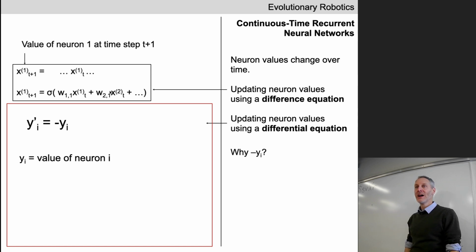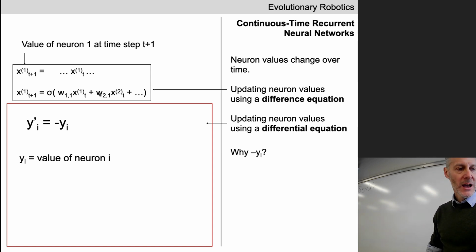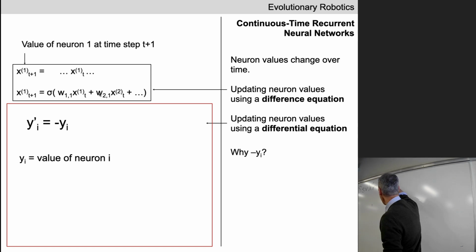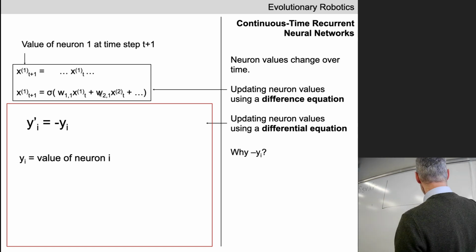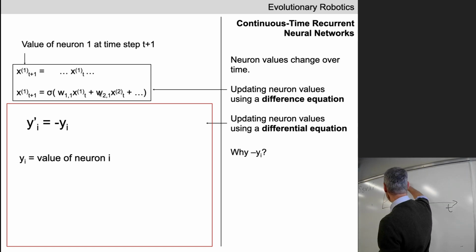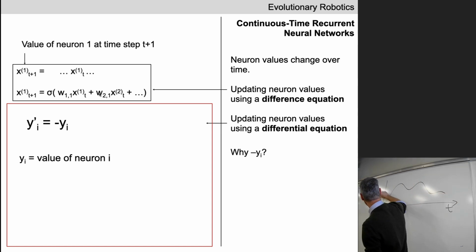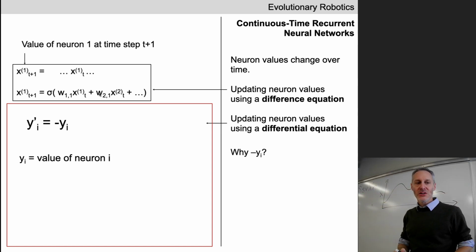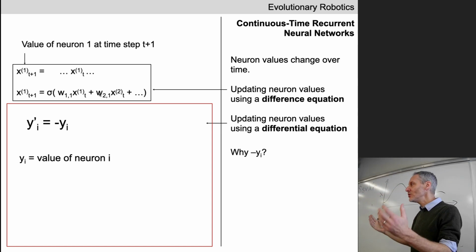We were describing how neurons change their values discretely in time. We don't want to do that now. We want to be able to describe how a neuron's value changes over time continuously. Okay, so how do we do that? We're going to have to use differential equations.